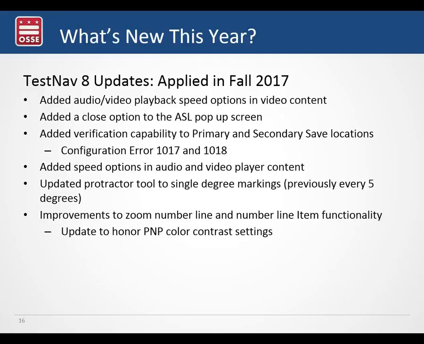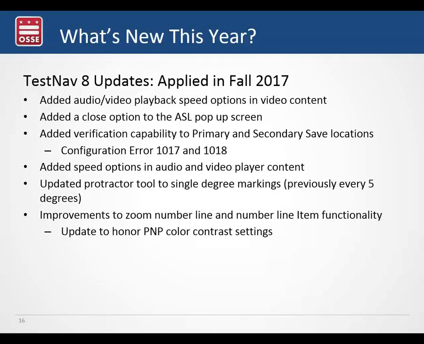There is a close option to the ASL pop-up screen, so you can open it and close it as students want to use that ASL video in the test. There is an added verification capability to primary and secondary save locations, and it was with that configuration error of 1017 and 1018. So there's that added verification.